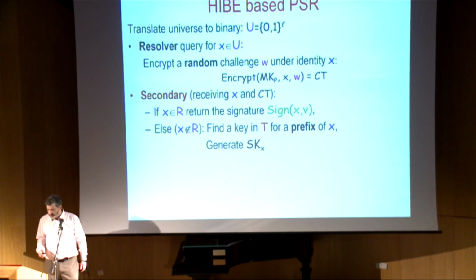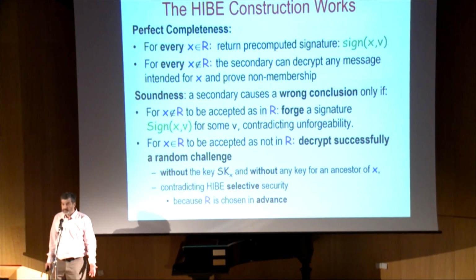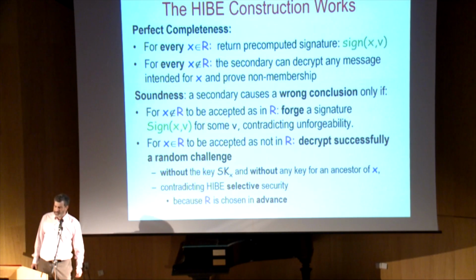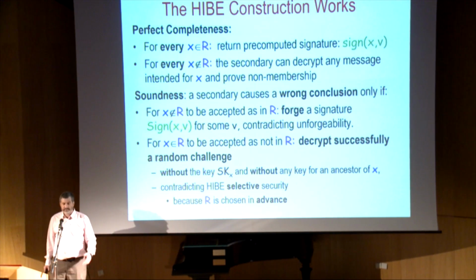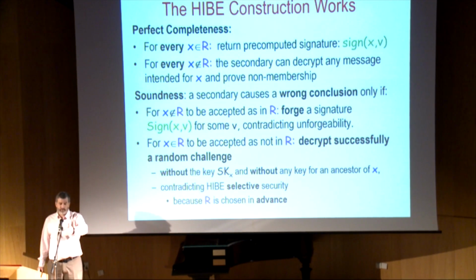So the claim is that this scheme has perfect completeness. I think that's quite obvious. It has soundness, and the soundness comes from the security of the HIBE. If you give all sorts of private keys, you don't learn any other private key.